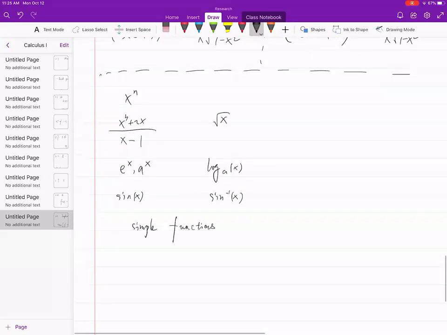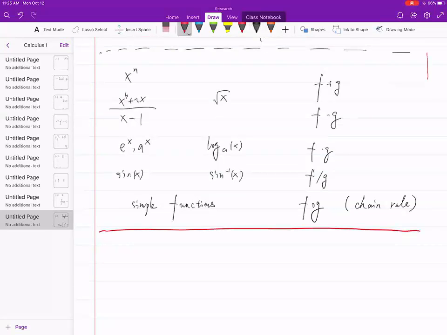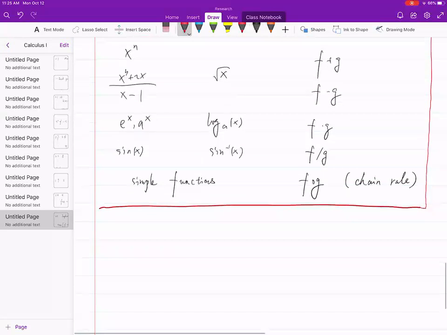Plus, we have 5 different rules: f plus g, f minus g, f times g, f divided by g, and finally f circle g, which comes from the chain rule. So all the differentiation rules are done together. If you want, after this class, you should really create a table. That's almost like your formula sheet. Okay, and then memorize it.